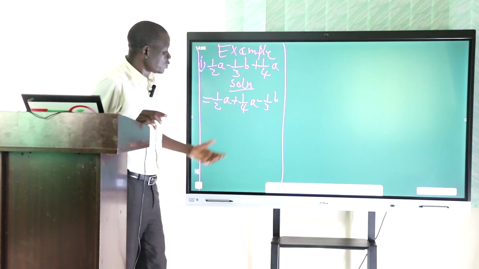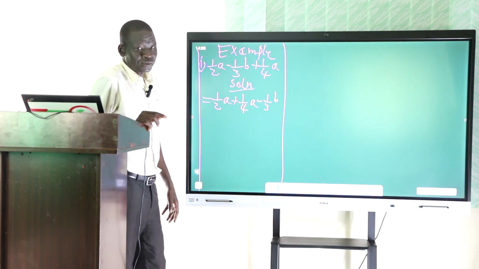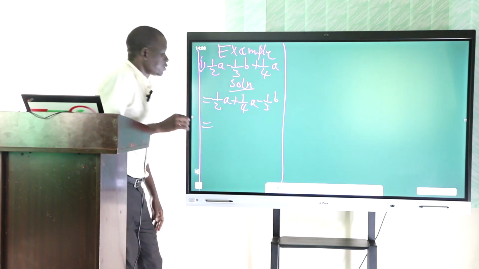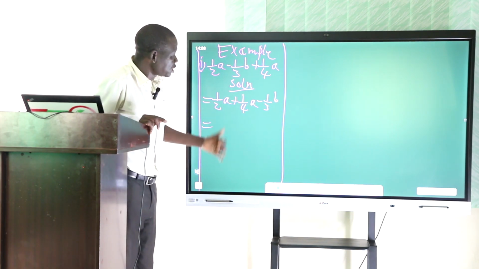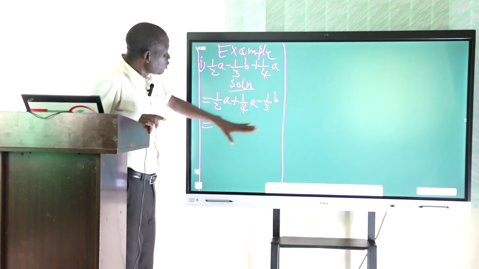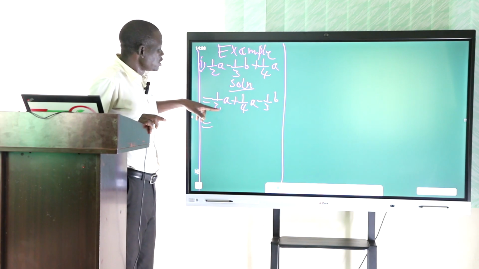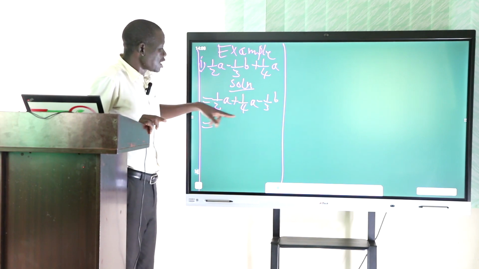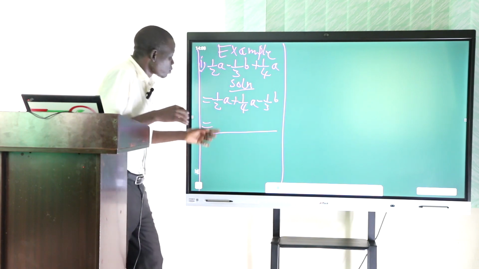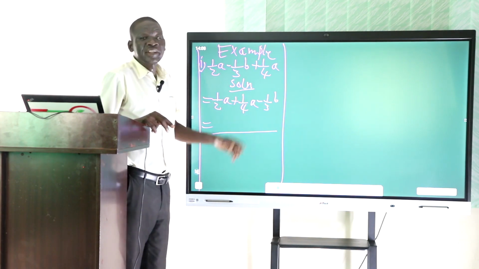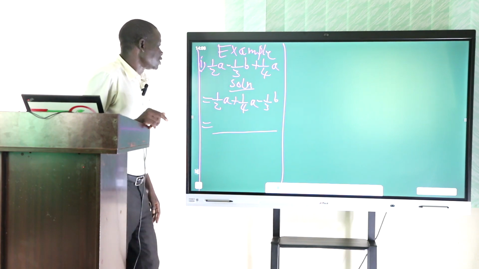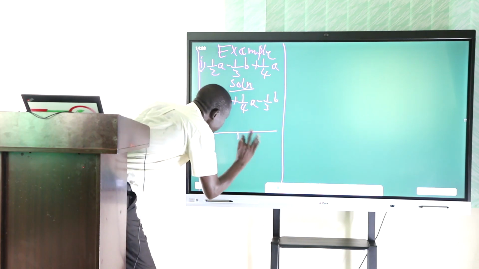So after this, we now simplify. To simplify this, we shall look at the LCM. We can get the LCM of everything. Since the denominators are constants, we get the LCM of 2, 4, and 3. And the LCM is 12.